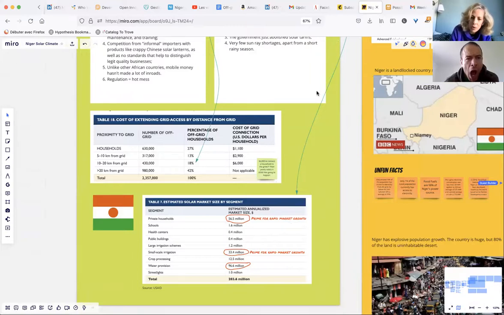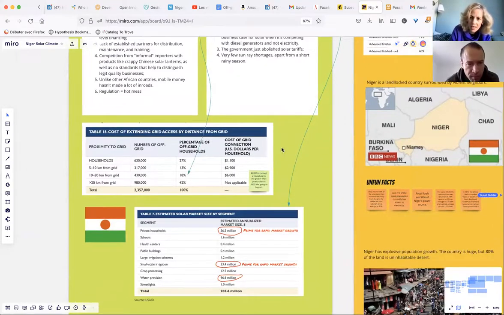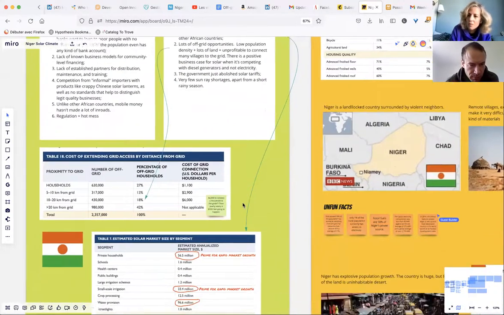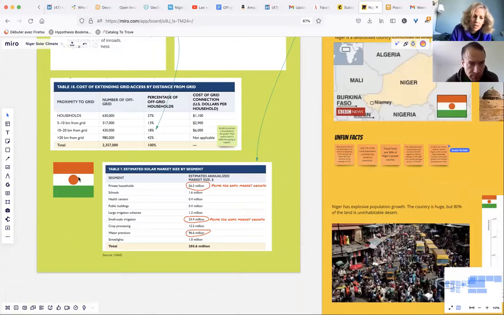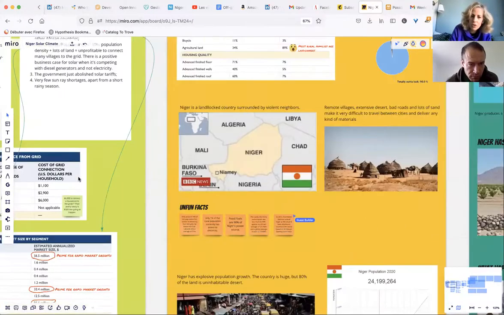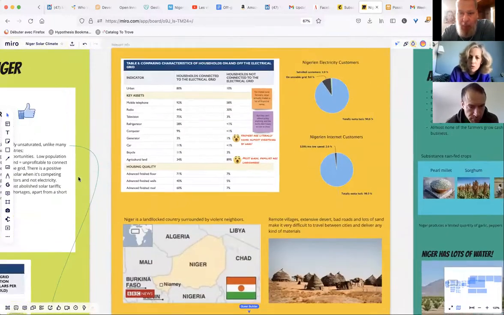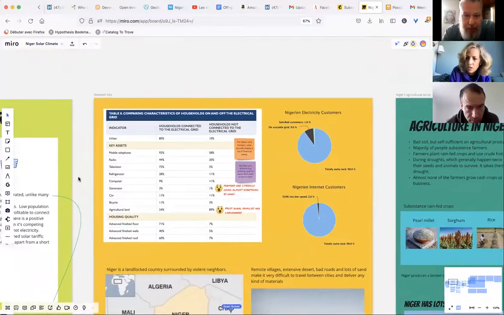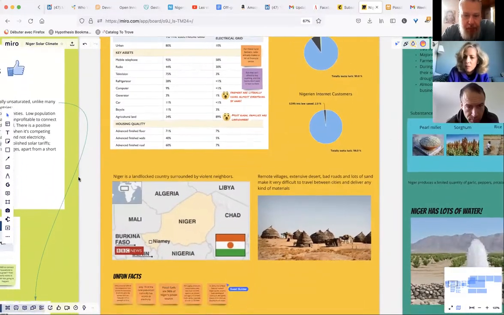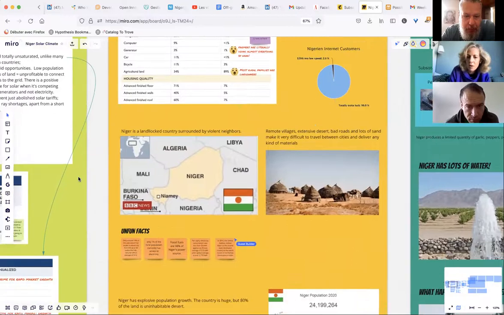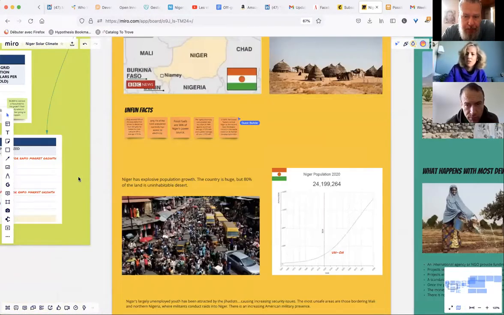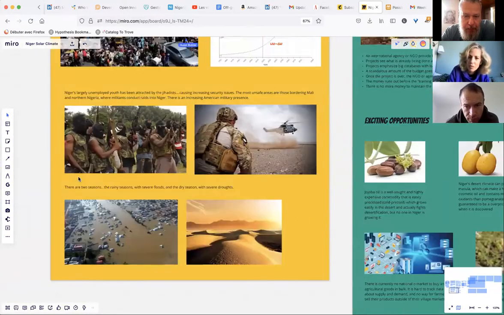I can make my points and then use these handy arrows to link to the table, make comments on them, and easily post a lot of pictures. I'm trying to give a much more visual representation of what's going on and what life is like there, giving people context about the country and politics and the climate and maybe some opportunities.